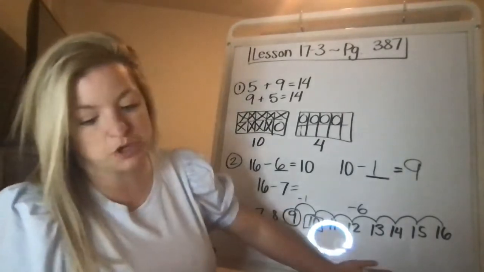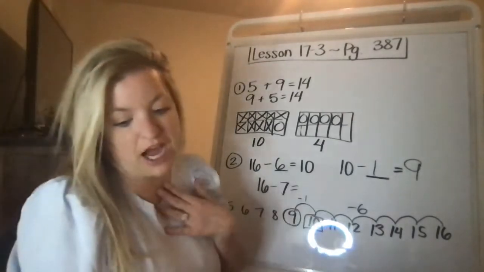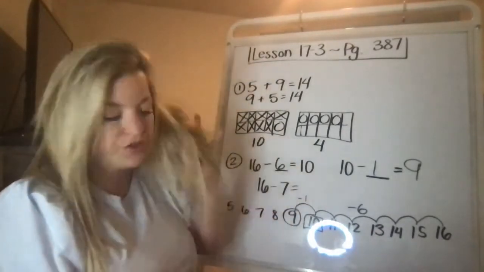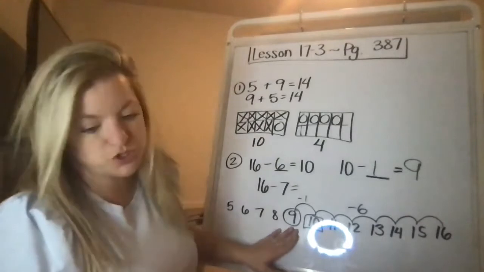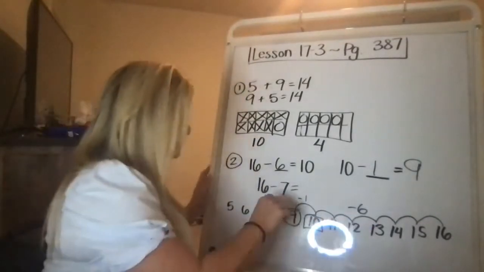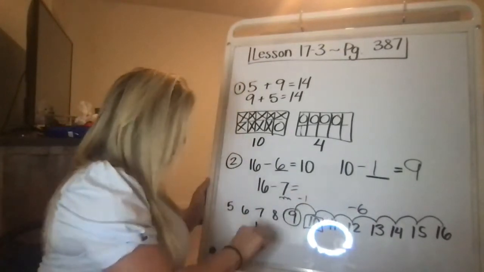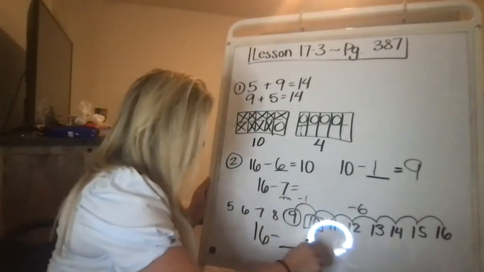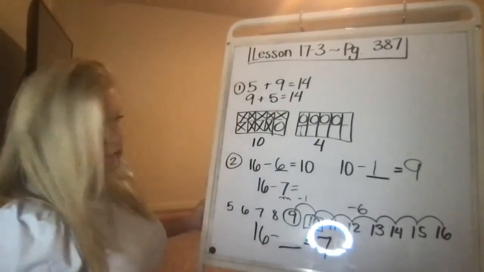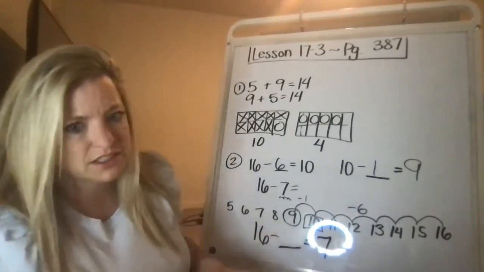So I did it a little differently than the book is telling you to. What they're doing is saying 16 minus blank equals 7, so they're stopping on 7. I hope that makes sense.